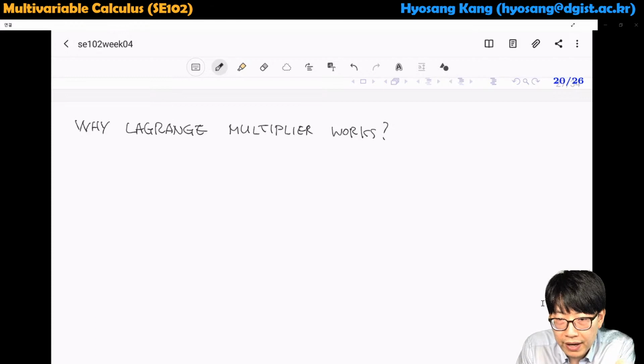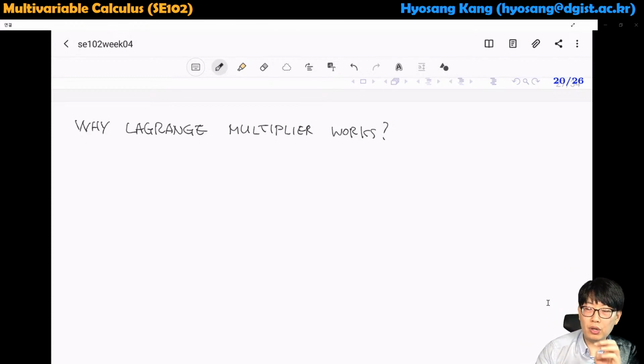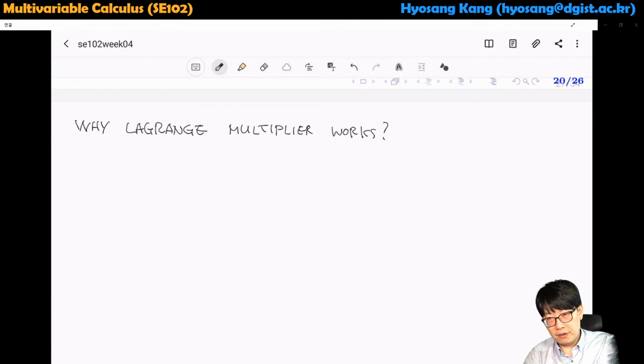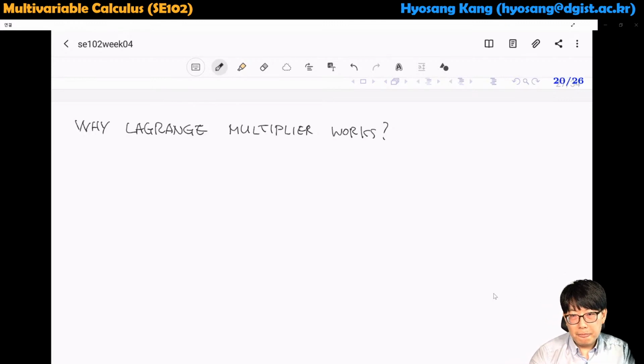Yes, we're finding the extremal points of the function only on the constraint. So what we find as extremal using the Lagrange multiplier may not be the extremal points of the entire graph of the function.